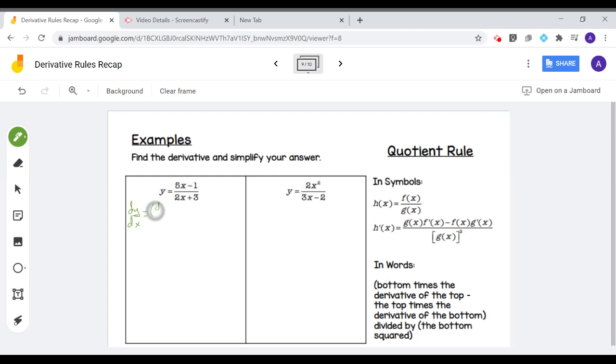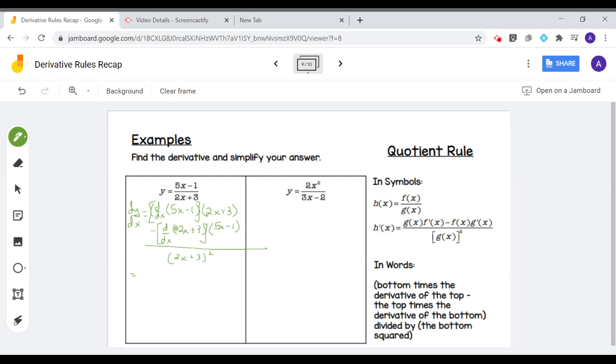So it's d by dx of 5x minus 1, in a square bracket, times the denominator as is, minus the derivative of the denominator times the numerator as is, all over the denominator squared.